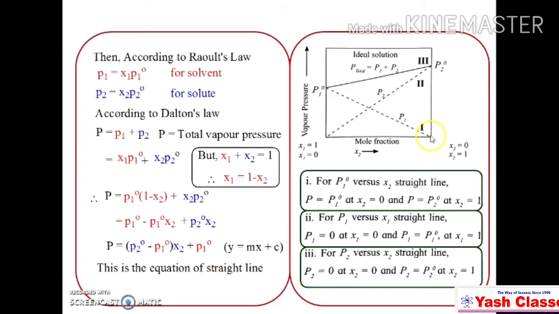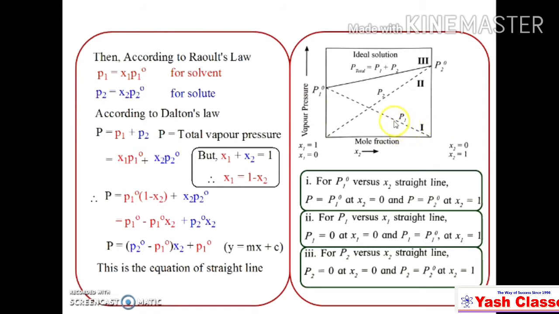Again, now consider this point. At this point x1, that is the mole fraction of A1, is 0, and therefore P1 is equal to 0 as per the first formula. Now this entire term becomes 0, and therefore P1 is equal to 0 at this point.